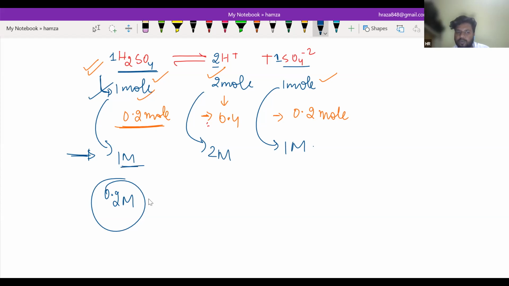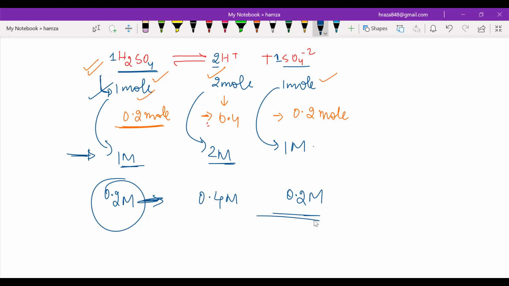For 1 molarity, it is 2 M. So for 0.2 molarity, because we calculated the value of moles of H2SO4 is 0.2 M, it will be 0.4 M, and again it will be 0.2 M. Now got it or not? Yes. The 1 we used is basically from the general equation.